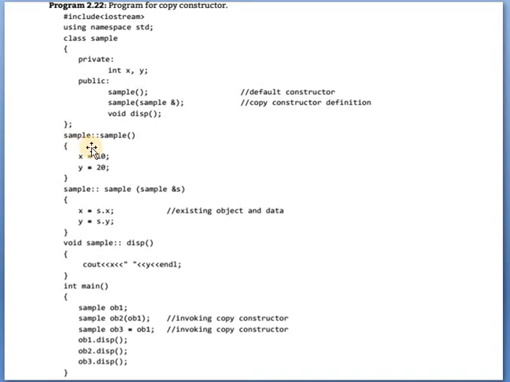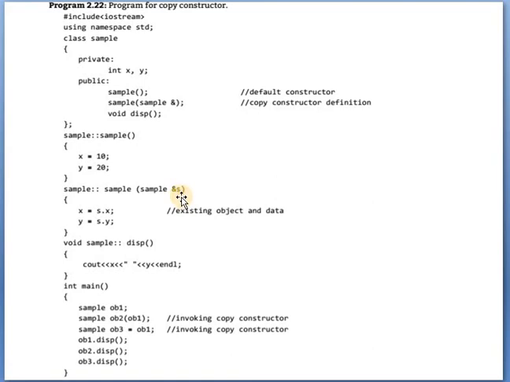Now sample scope resolution sample. This is a default constructor. In the default constructor we are assigning values to the data members, that is x equal to 10, y equal to 20. Now this is initialized by using the default constructor. Now we will define the copy constructor. So sample is the class name, scope resolution operator, sample, and in bracket sample address of s.